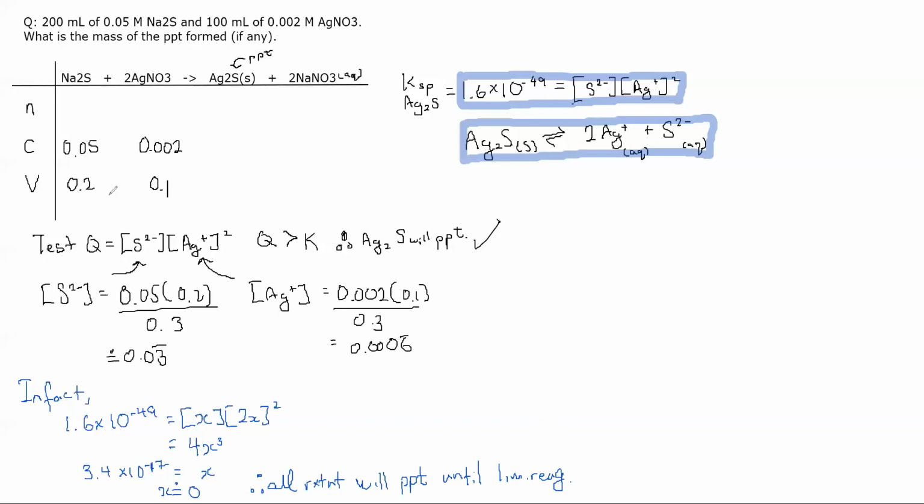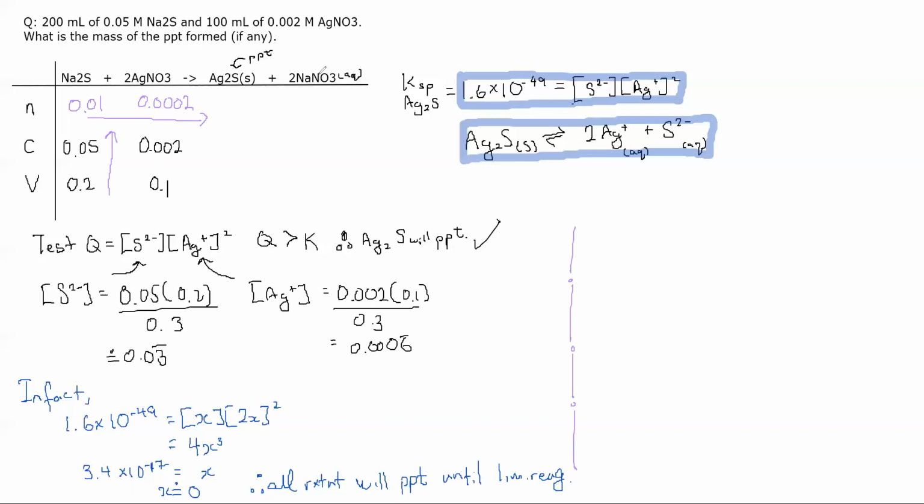Very quickly, moles is equal to concentration times volume, n equals CV. That's going to be 0.01 moles. N equals CV. This is going to be 0.0002 moles. Which one is the limiting reagent? Let's see. Well, this uses twice as much. I'm going to assume that you know how to calculate the limiting reagent.